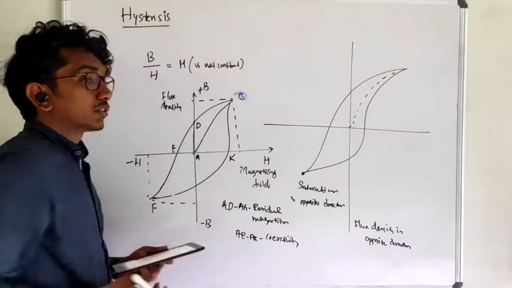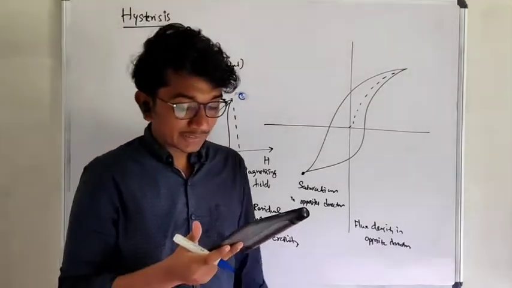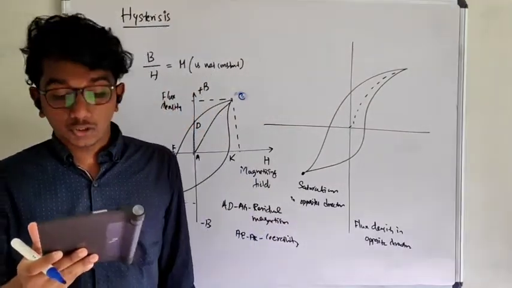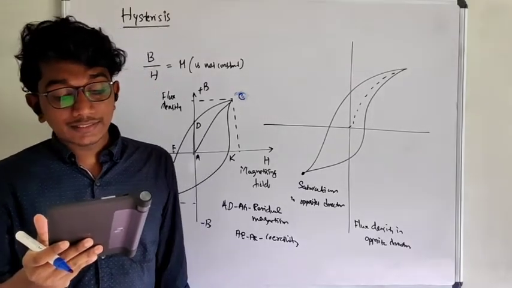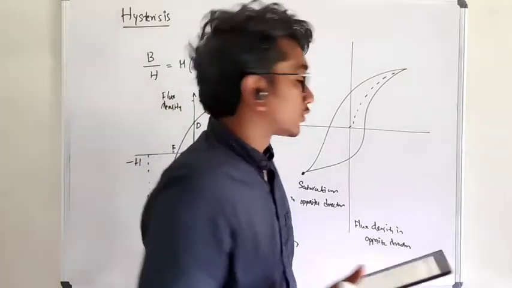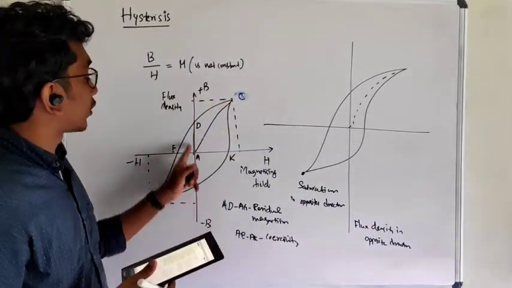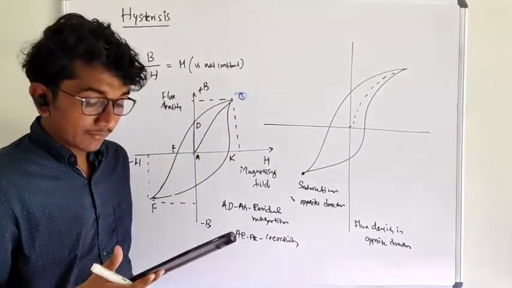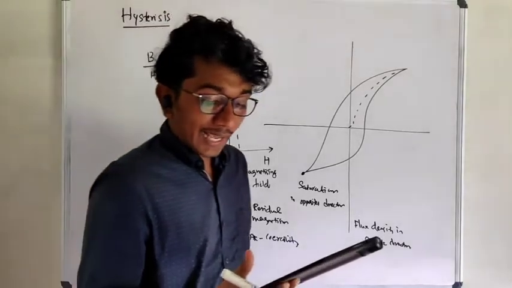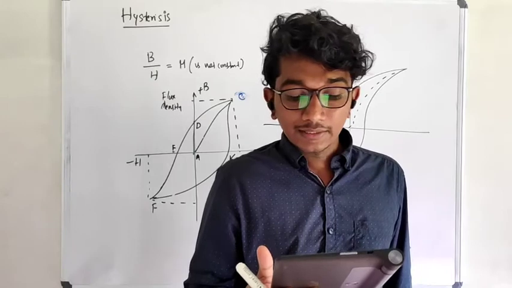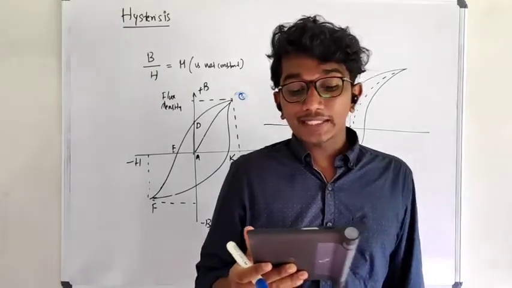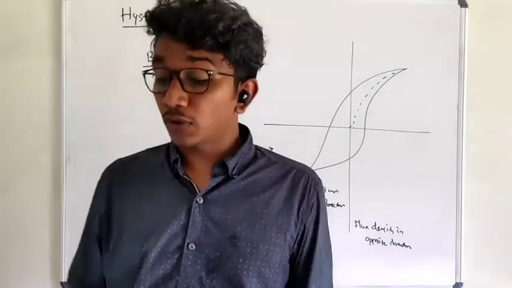The residual magnetism AD present in the specimen is called retentivity, or remanence. It is defined as the ability of the material to retain magnetism in it even when the magnetizing field vanishes. That is a very important property.